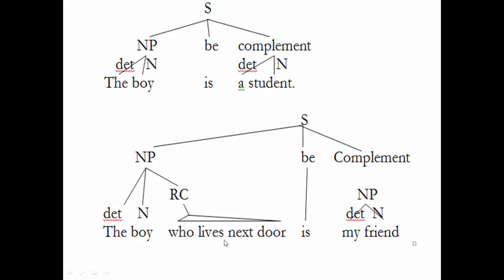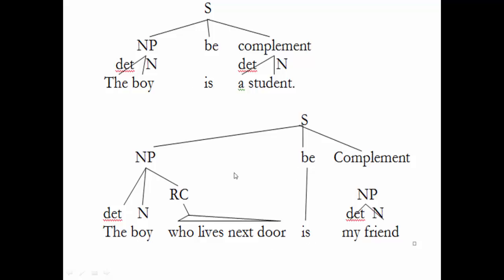This is a clause because initially, the sentence should be he lives next door, but when this is used as an adjective, he is substituted with who. So this sentence is downgraded into a clause. So the boy who lives next door actually belongs to one phrase, which is the subject. And the relative clause is used to modify the boy, which means who lives next door is an adjective for the boy.